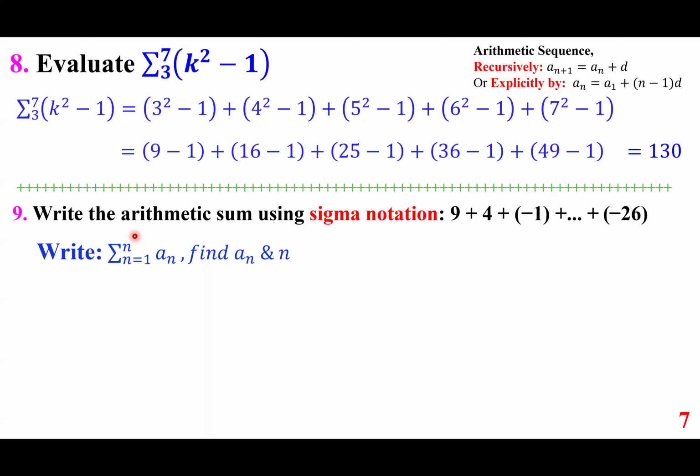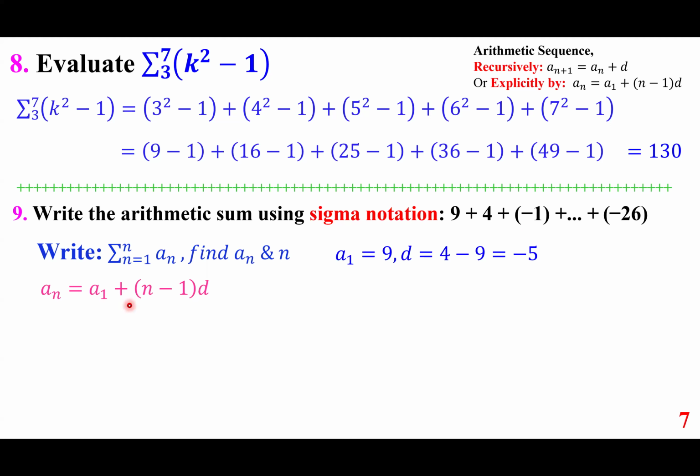So they mention it's an arithmetic sum. Of course, notice that you add -5, or you can say you subtract 5. So 9 minus 5 is 4, 4 minus 5 is -1, and so forth, which means the first term a sub 1 is 9, and d is 4 minus 9, or -5. So we are ready to move on.